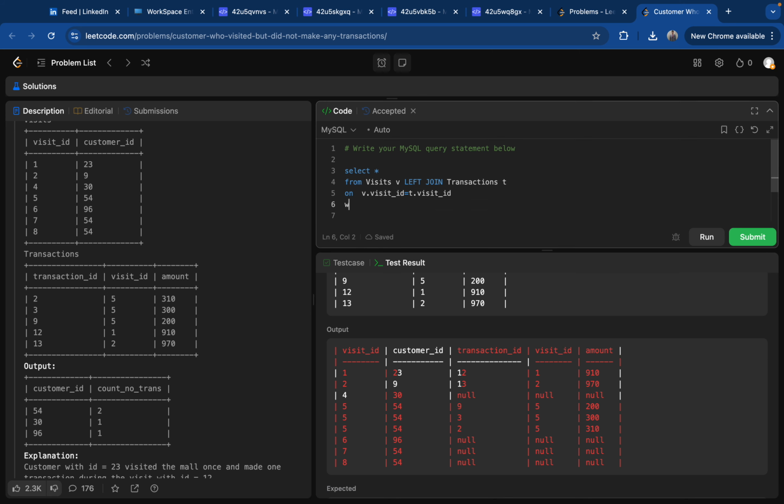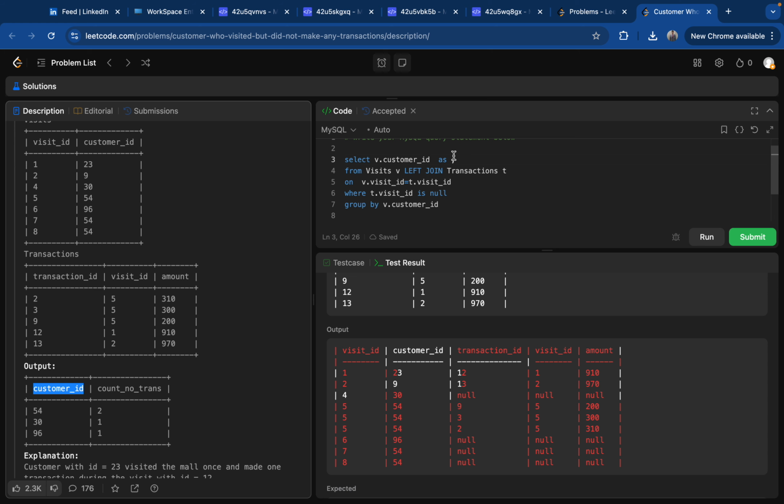So what I can write is, where t dot visit ID is null, and then we have to return the customer ID, which will be coming from the visits table, and then we also have to return the count. So for getting the count, we can use group by customer ID, and then we have to return count.